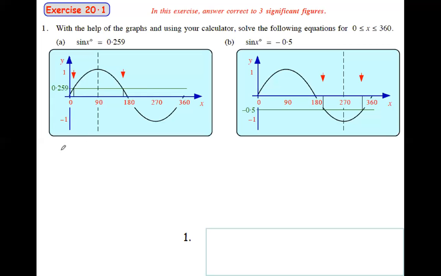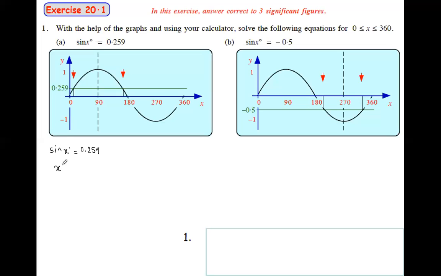So for my line of working, you would just say sine x in degrees is 0.259. The opposite of sine is doing sine minus 1, that would get rid of that sine.